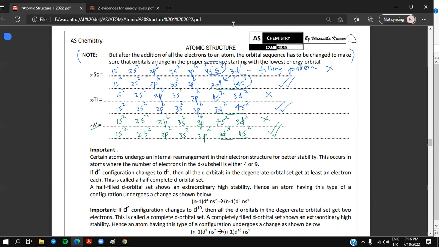Can you see in all these electronic configurations, we have here 3d1, 4s2.